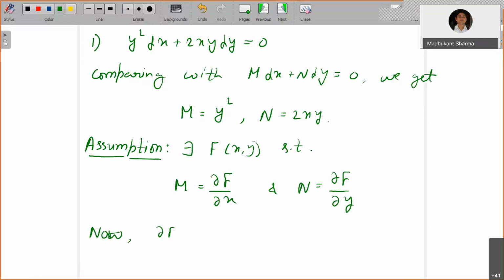So dou F by dou x equals M, which is y square, and dou F by dou y equals 2xy. I hope you must have solved this type of equations somewhere when talking about gradient.